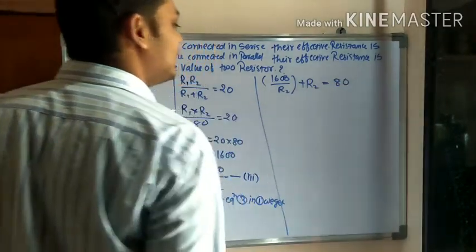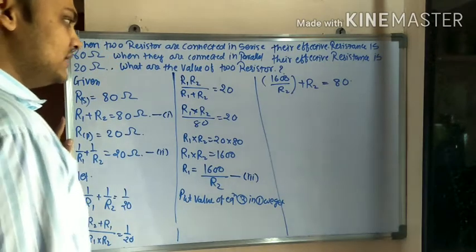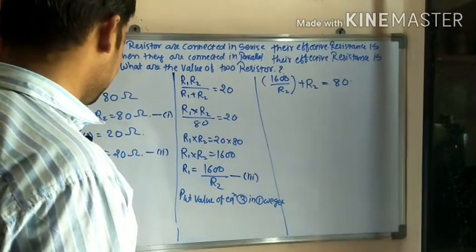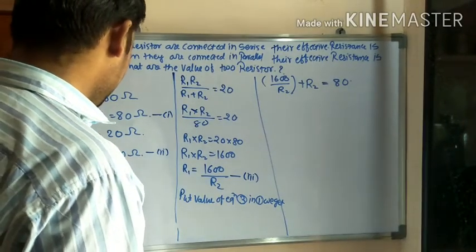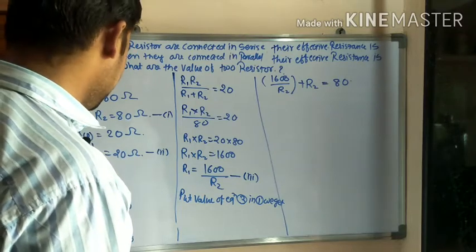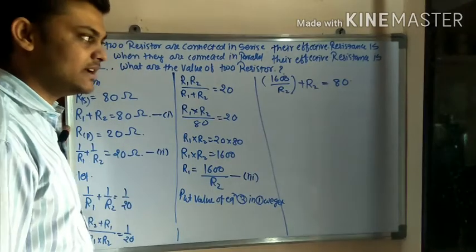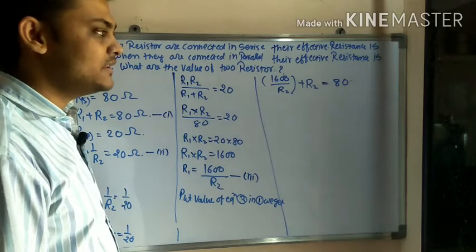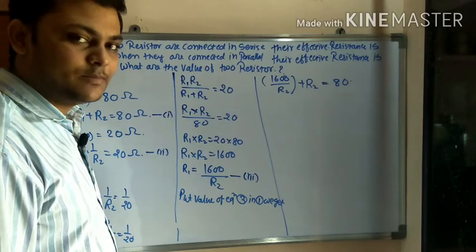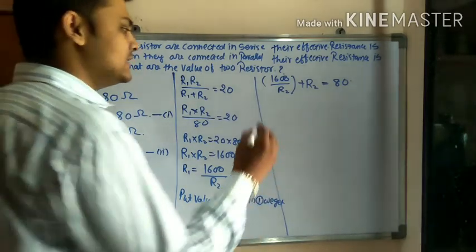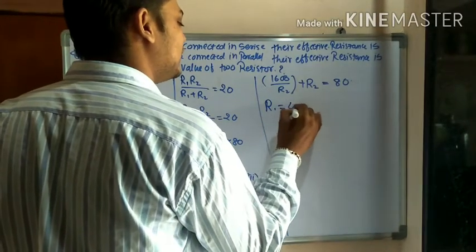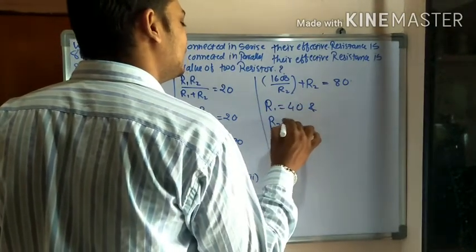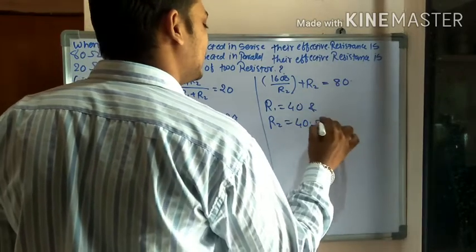Now when we solve this, we will get the equation exactly like this. So in that equation we can clearly calculate by solving it as per the polynomial rule. So we will get the answer, that is R1 is equal to 40 and R2 also 40. Okay, so 40 ohm, 40 ohm.